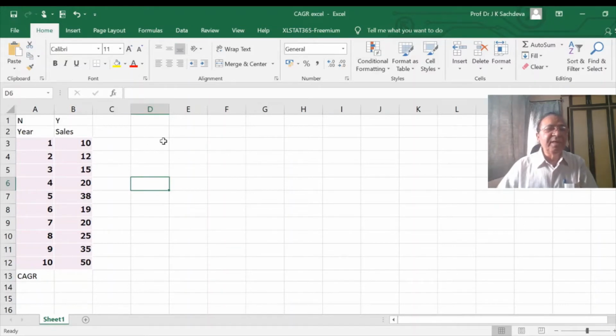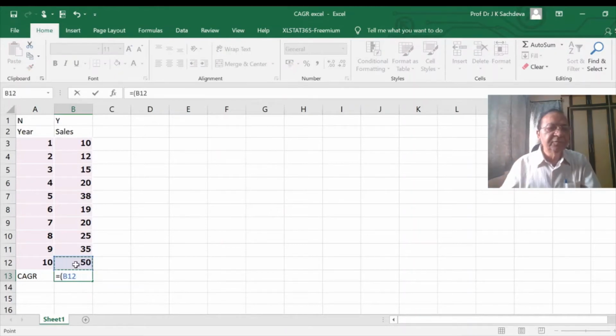See, these numbers are same, 1, 2, 3 up to 10, and sales numbers are there. Now I want to find out the compounded growth rate. This will be equal to last value divided by first value raised to power 1 upon count.